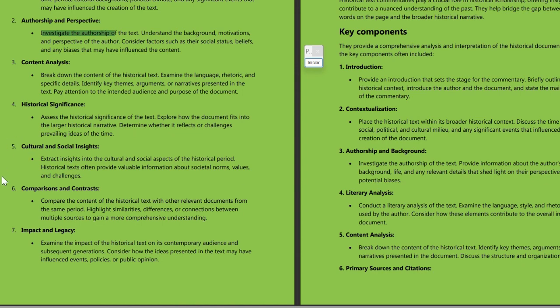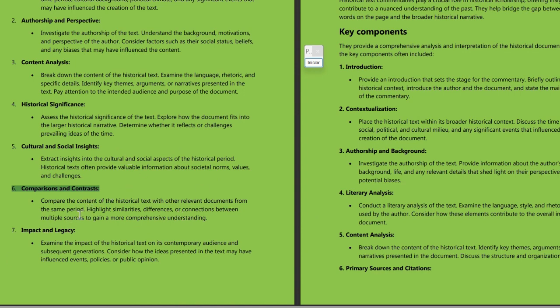Well, point number 6 is very interesting because it talks about comparison of content from that period of time and now. For example, we have to compare the historical text with other relevant documents from the same period.